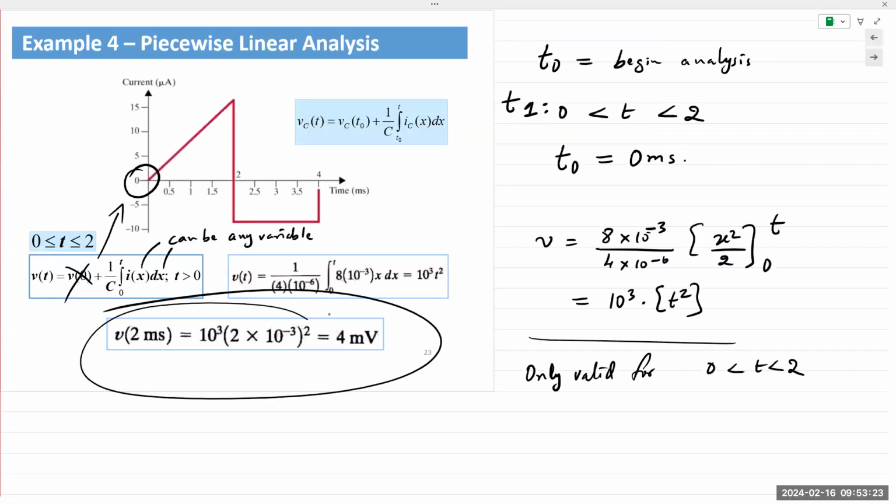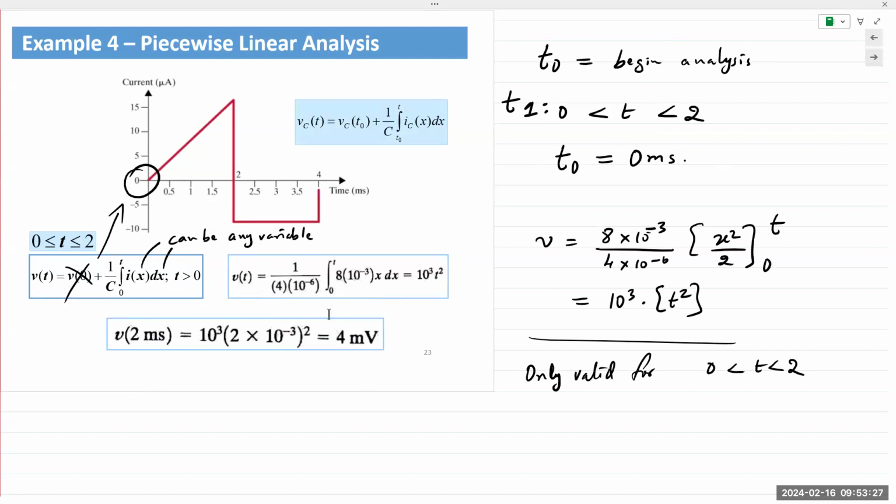So we simply plug in the value of T as 2 milliseconds and you solve for the voltage at 2 milliseconds. You find it as 4 millivolts.